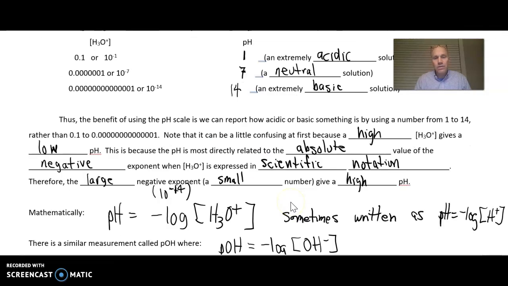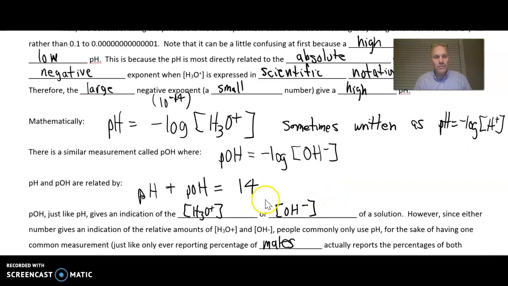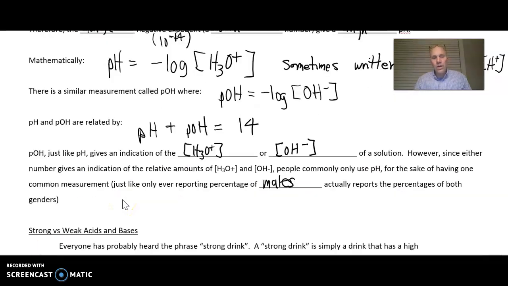So the equation for that is that the pOH equals the negative logarithm of the molarity of hydroxide ion. These two equations are related by this relationship right here. If you ever take the pH of a solution plus the pOH of a solution, that's going to give you 14. So if you wanted to describe how acidic or basic something is by using the pOH, you could do that.